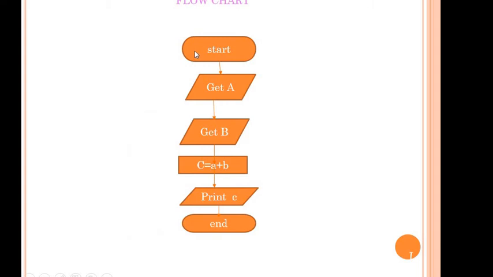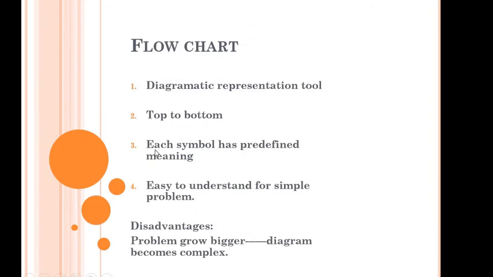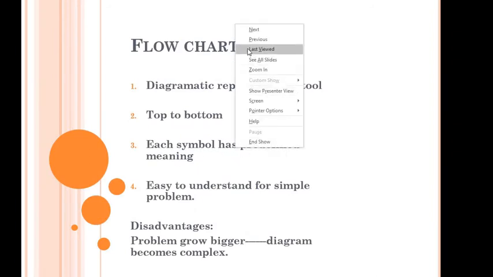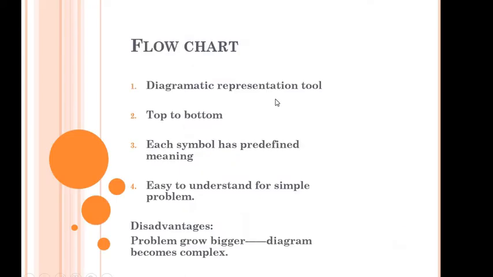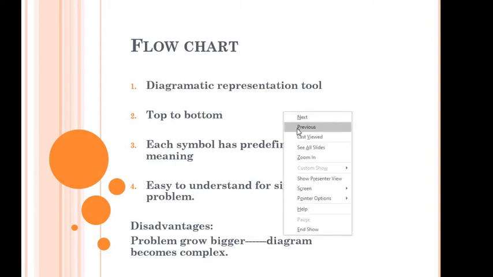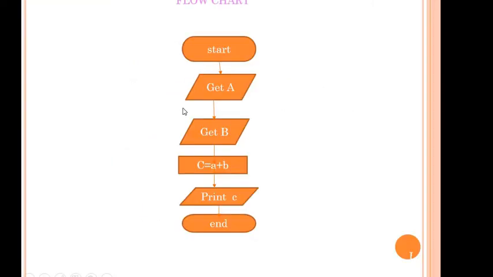Each symbol has a predefined meaning. If I am using a parallelogram, it means an input is processed, otherwise an output is processed. It is easy to understand. Yes, by seeing the diagram, we can get an idea about the steps easily.